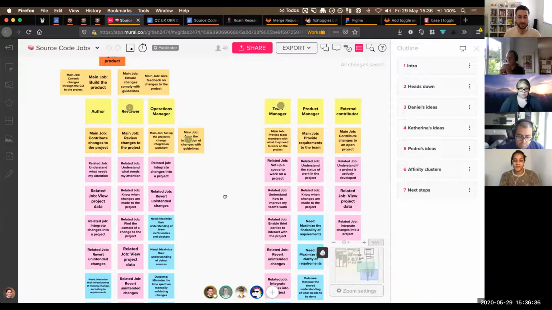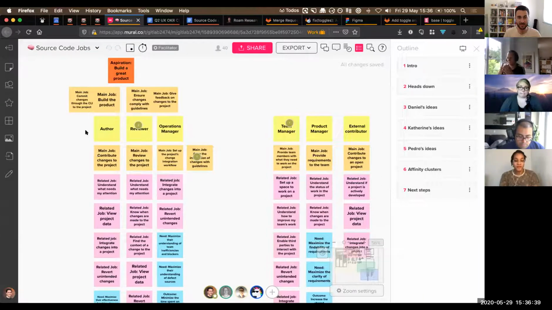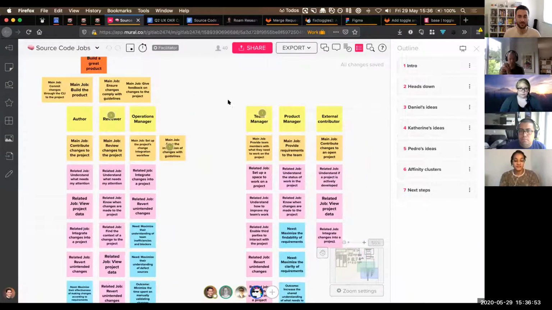And yeah, so the left side here with the author, reviewer, and operations manager are the ones I feel are more well-defined, and we have maybe a little bit more certainty, and less so on this side. And I feel like both operations manager and these here are related to the source code stage group, but usually the main people that interact and spend most of their time there are the authors and reviewers.